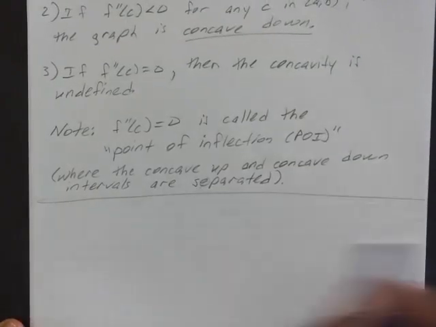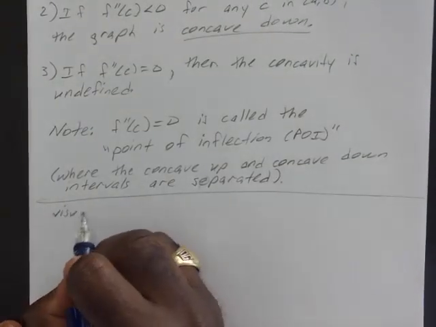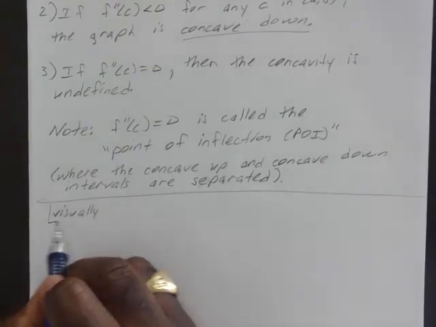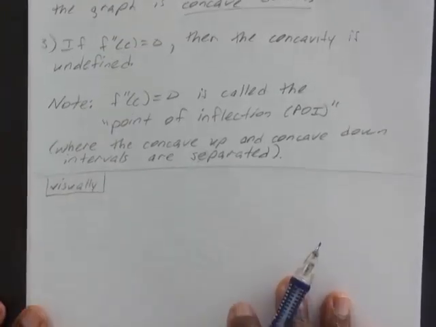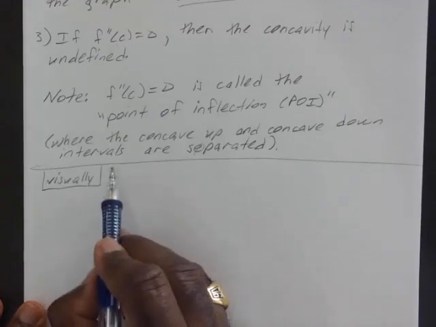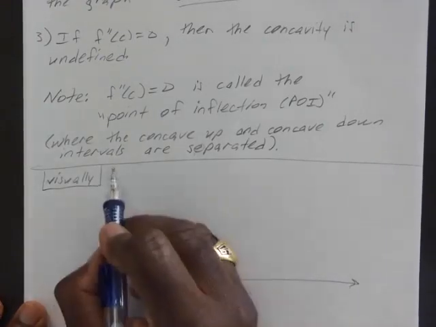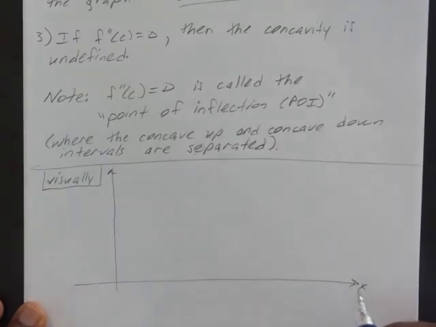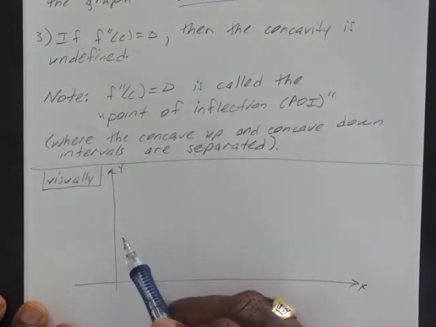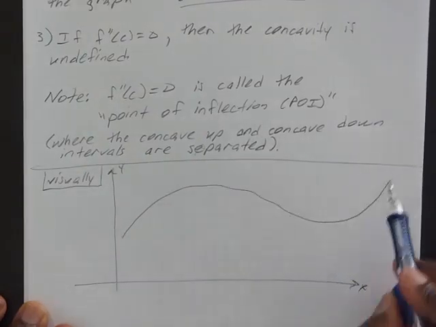Okay, now visually all this means is, let's say you have some graph, and your graph looks something like that.